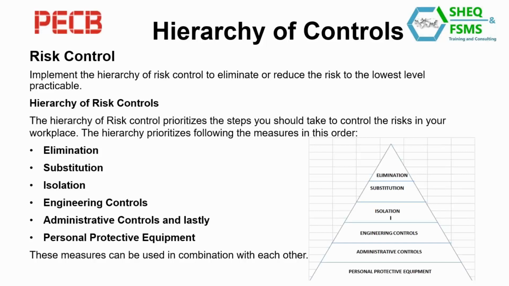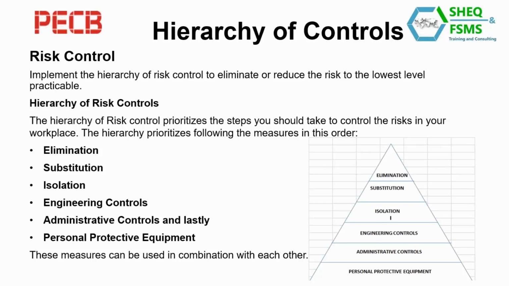The hierarchy prioritizes the measures in this order: elimination, substitution, isolation, engineering controls, administrative controls, and lastly, but not least, personal protective equipment, or PPE. These measures can be used in combination with each other.